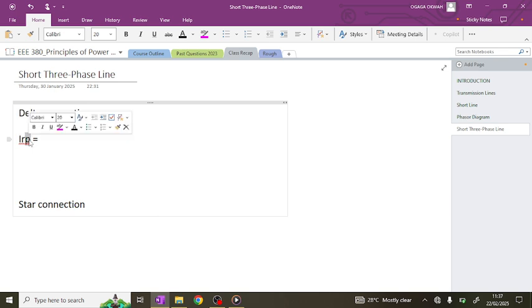Maybe you may have a different notation, but the point is, this is the current per phase, the current of calculation for one line, for a single line. So when we have IR as the receiving end current, we are going to take this receiving end current and divide it by the square root of 3.